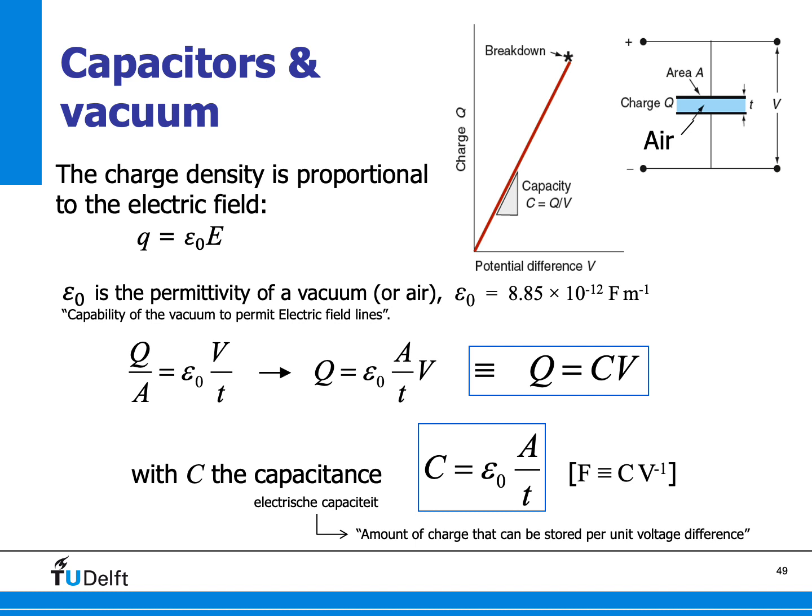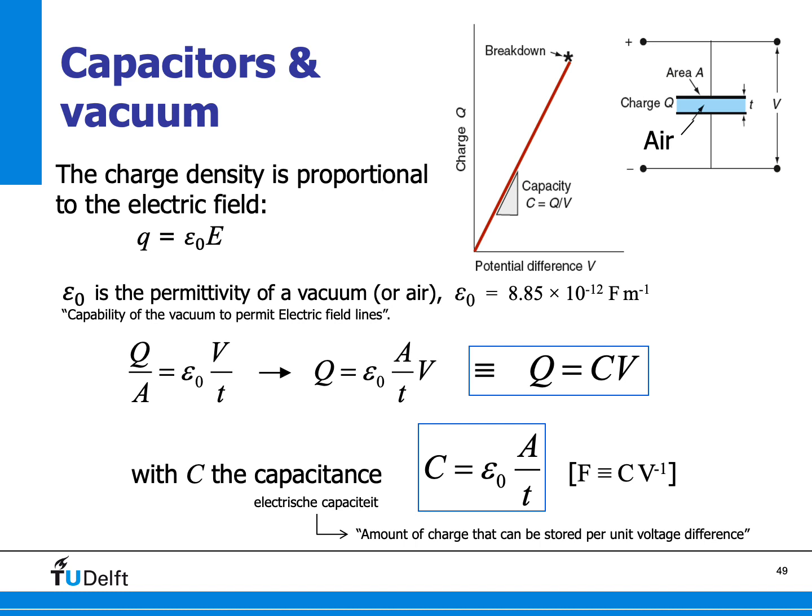And if we now define this part as C, where C is the capacitance, or the dielektrische capaciteit in Dutch, that basically is the amount of charge that can be stored per unit voltage difference. So C equals the permittivity of the vacuum times A divided by T.